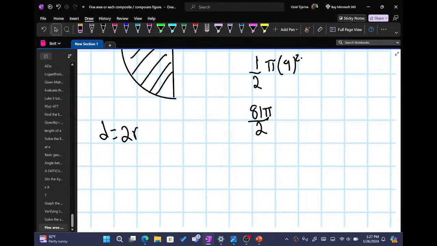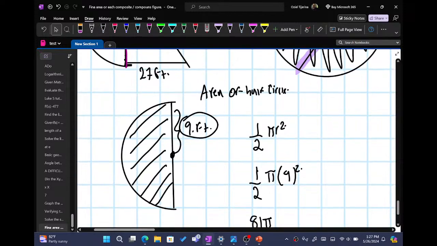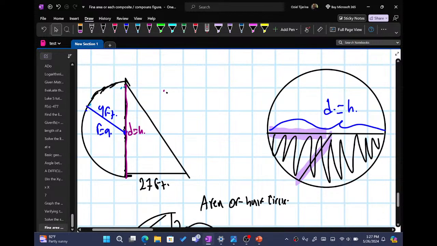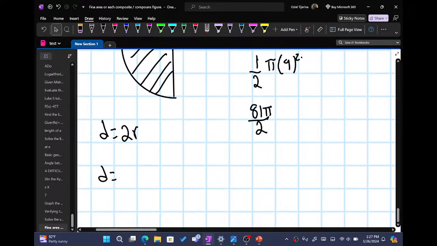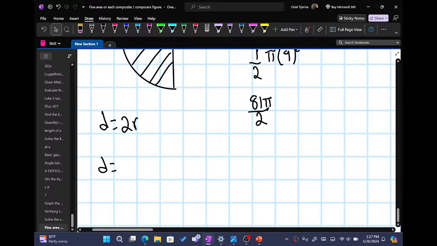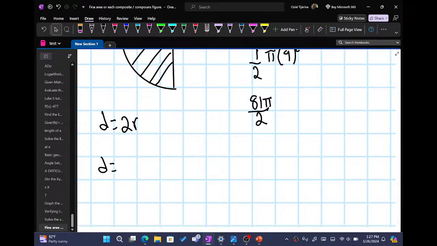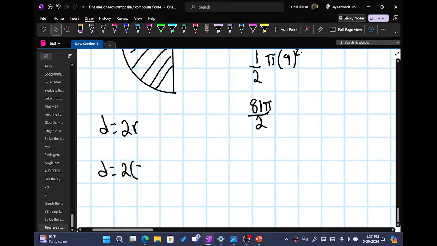Now here, we're going to go ahead and, let's see, so the diameter is 2 times 9, which is 18, right?